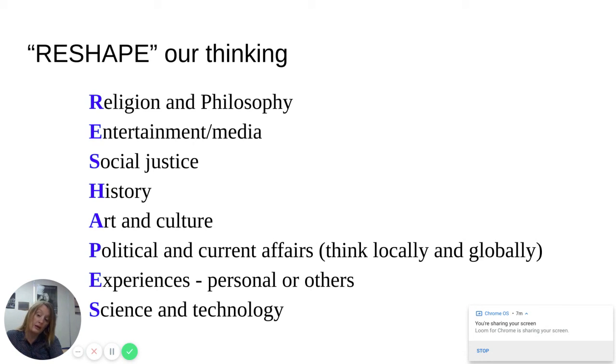That's just a mnemonic device. I might say to them, what did you do to reshape your thinking as you were reading? Can you make a connection between what we're reading here and something else you have read or experienced?